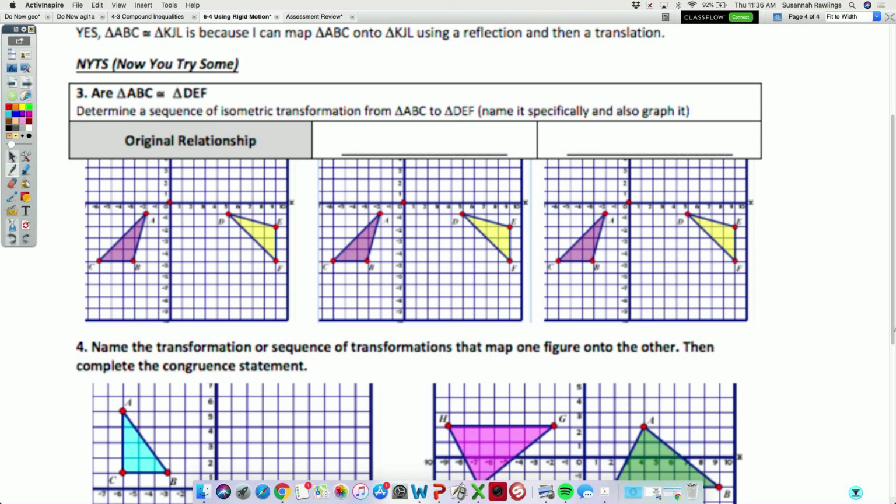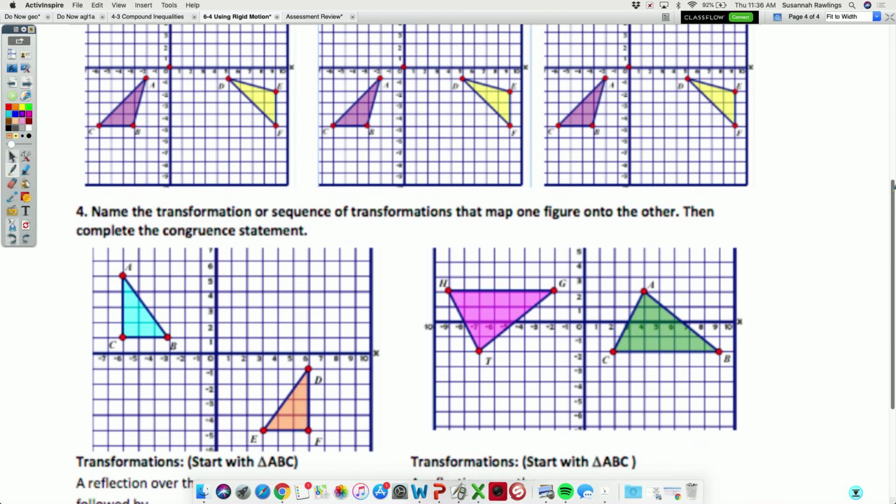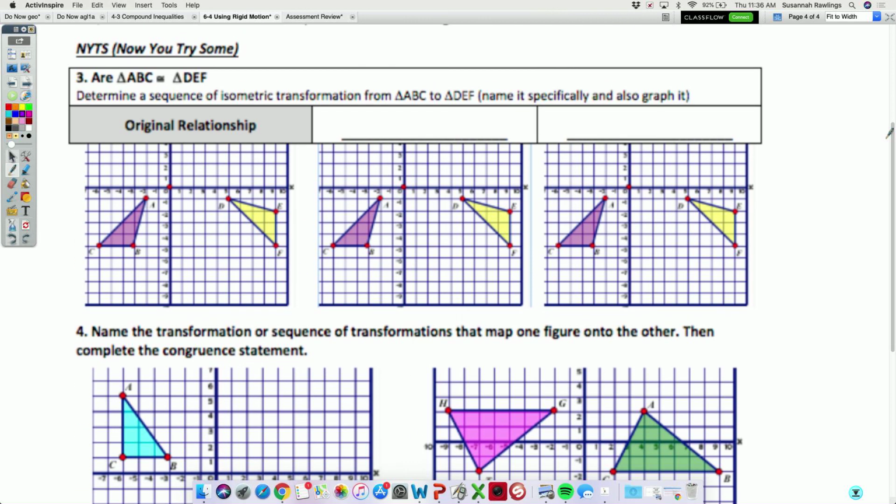So first thing we want to look at is the orientation, or the way it's facing. Looking at A, B, C, and D, E, F, are they facing the same direction? They're not, right? Hopefully we see that they are facing a different direction. So it cannot be a translation. With your partner, go ahead and talk: is it a reflection that happened, or was it a rotation?